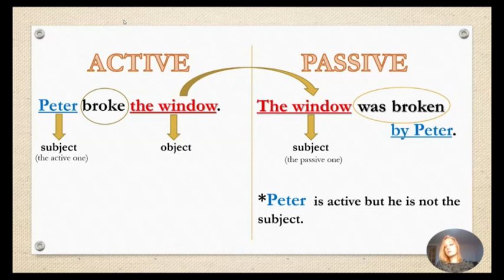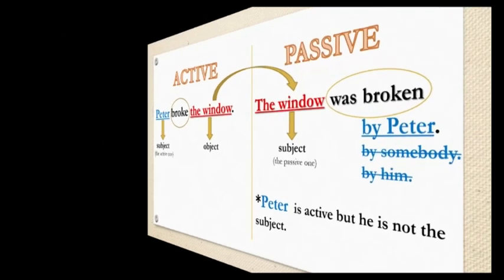Whether because he's not very important in this situation, or maybe because we just want to emphasize him precisely. And also we said that if the active subject is a pronoun or a word like somebody, anybody, we omit it. We don't say by somebody or by him. That's it, as simple as that.